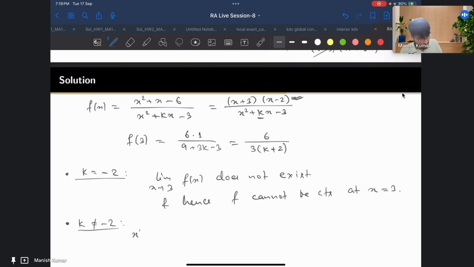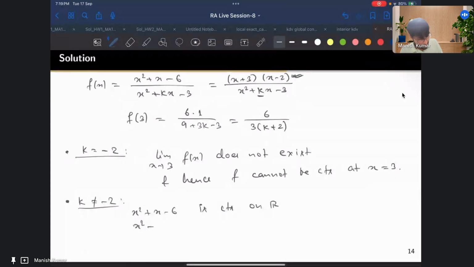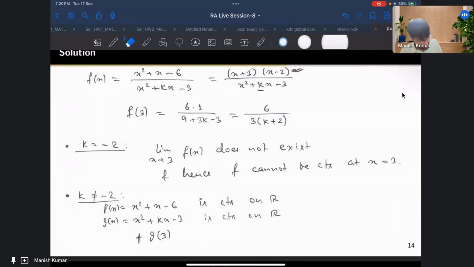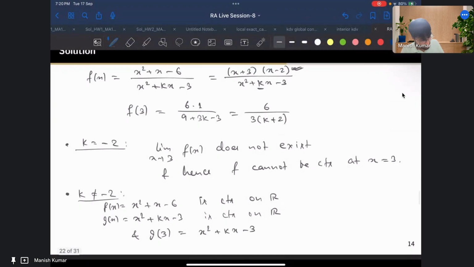But if you take k not equal to minus 2, then what I was saying earlier, that x square plus x minus 6 is continuous on R, and x square plus kx minus 3 is continuous on R. So let me say this is f of x, this is g of x, and g at 3, because we have to deal with continuity here, g at 3 is x square plus kx minus 3, sorry, why I am writing this, it is equal to 3 into k plus 2, right?